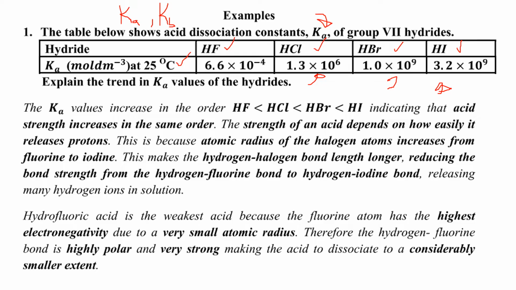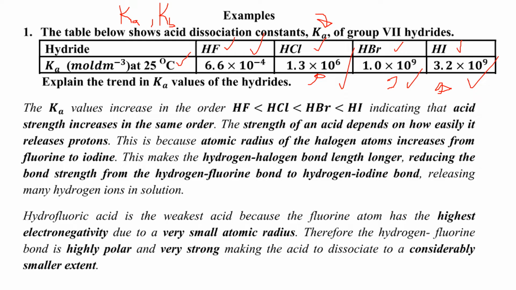Now the one which has the highest ionization constant is hydrogen iodide, followed by hydrogen bromide, followed by hydrogen chloride, and lastly hydrogen fluoride. Now let's look at the reasons why it's that way.